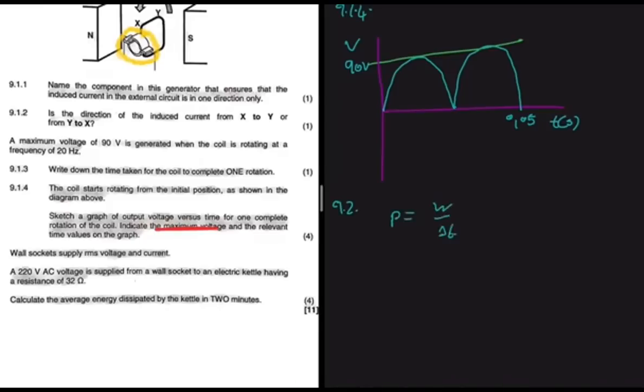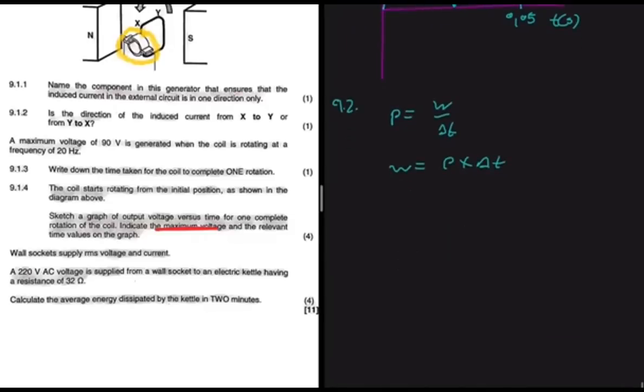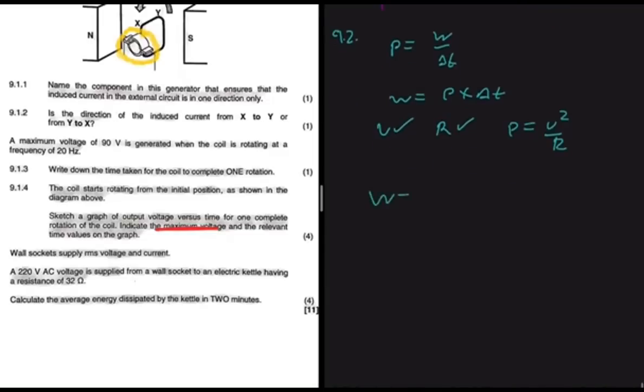If you want to find the energy dissipated, the work equals the power multiplied by the time. The power can take different forms, depending on what you have. Here we have the voltage and the resistance, so P equals V squared divided by R. So the energy dissipated will be V squared divided by R multiplied by delta time.